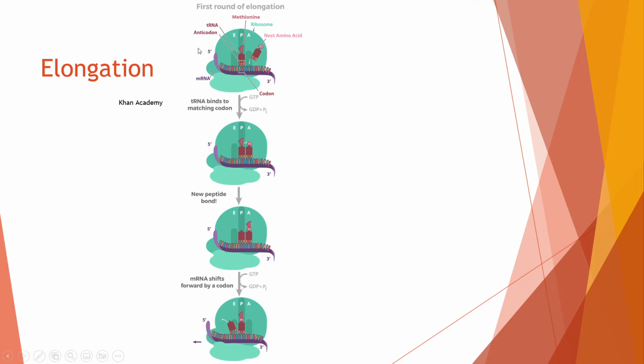So now the catalytic part of the ribosome will form the peptide bond between these two amino acids, creating a dipeptide. I will stress it once more because these are reactions you know already. Formation of the peptide bond. You know it. You drew the diagram. I will recall the diagram later. The catalytic part of the ribosome forms the peptide bond between two amino acids, and now we've got a dipeptide.